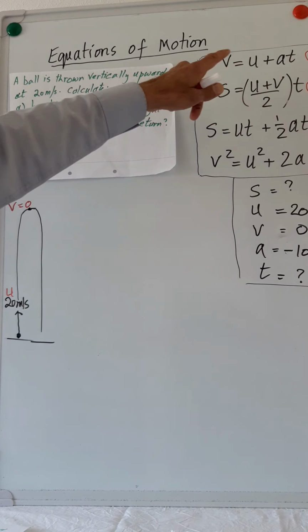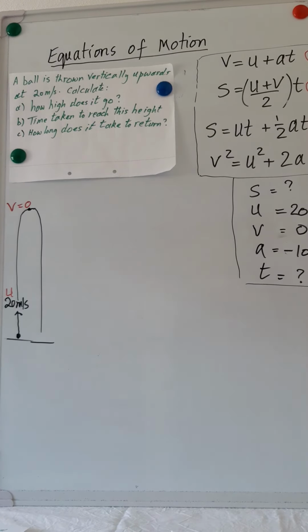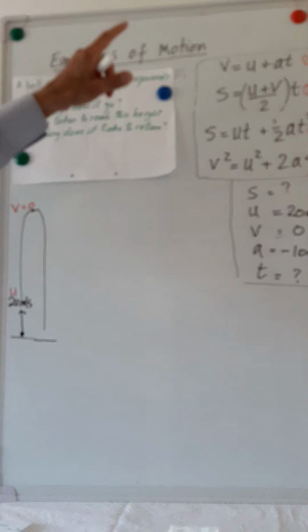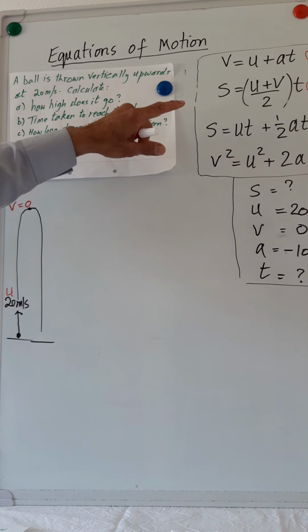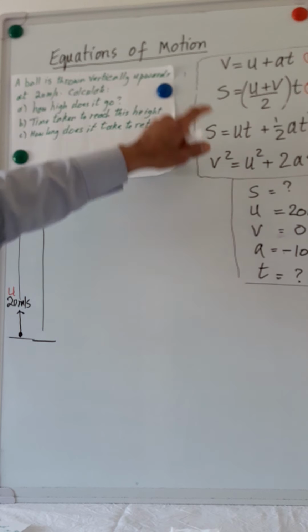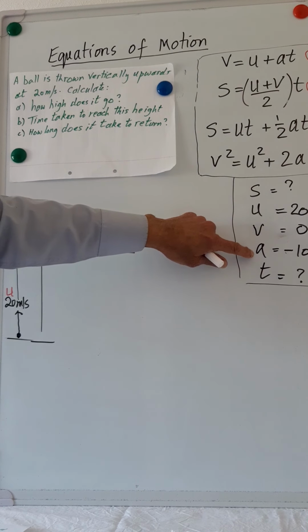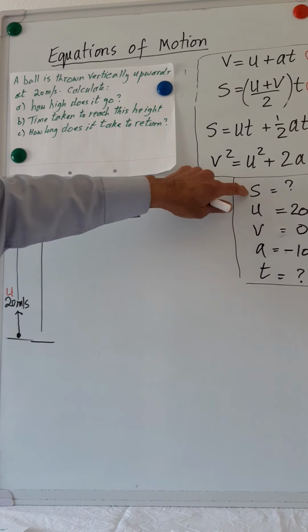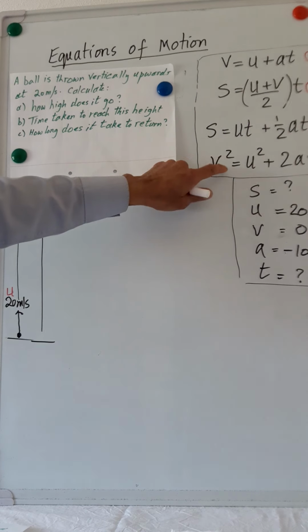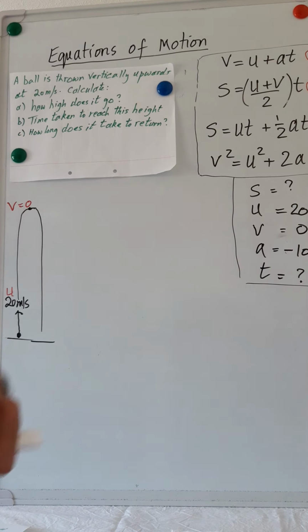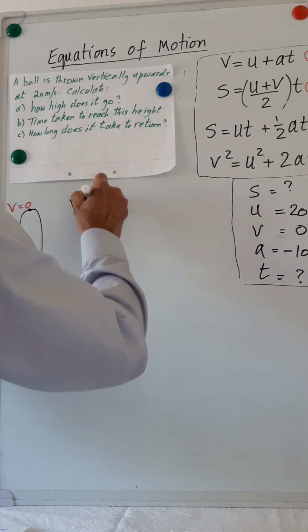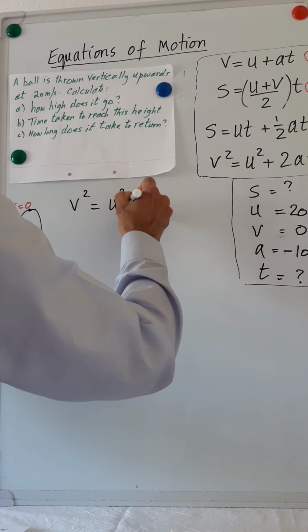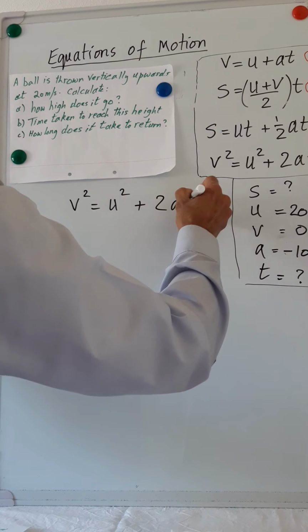No, we don't know the time, sorry. We can't use that. We have to use u, v, a, and s. So for the first one, I have to use this one: v squared equals u squared plus 2as.